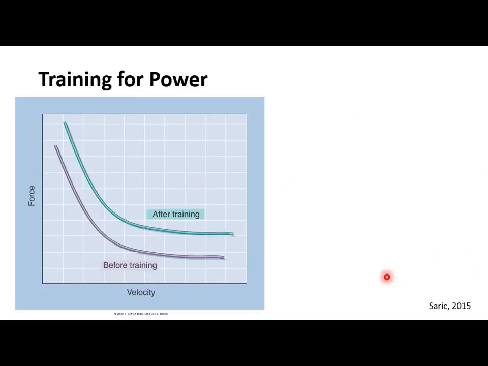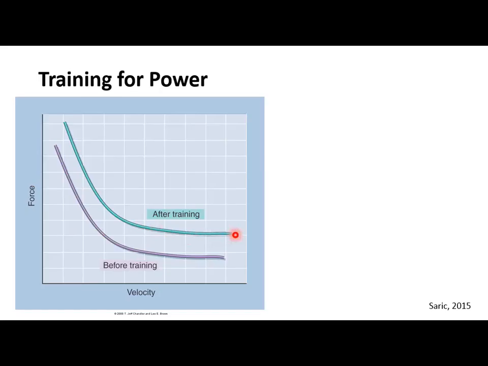In fact, if you look at power training, and you look at the force velocity curve, which we've seen before, here's the force velocity curve as we know it before training in purple and after training. And what this is saying is that effective power training essentially allows you to impart more force at every velocity after power training.